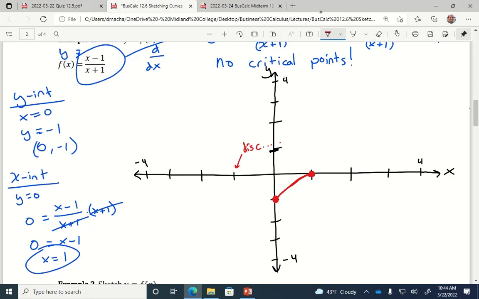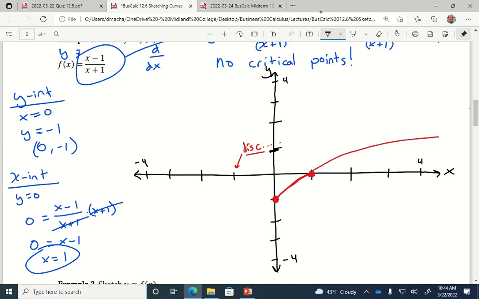I also found that my function is going to be continuous everywhere to the right of x equals -1, because this was my only discontinuity. And I found that there's no inflection point. So I found that there's no critical point, there's no maximum or minimum, so I have to always keep increasing after that. I can't ever decrease again. So if I went from increasing to decreasing, that would be a maximum.